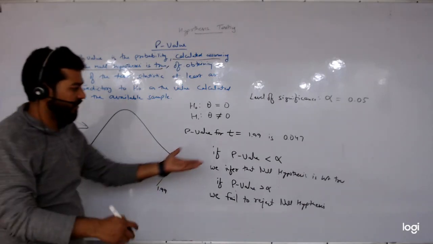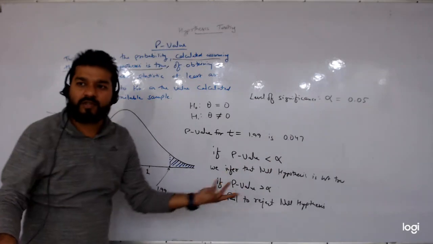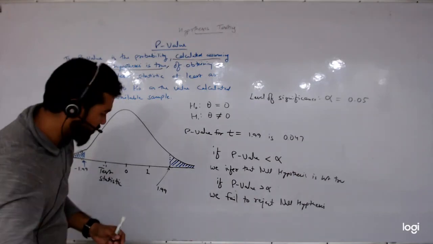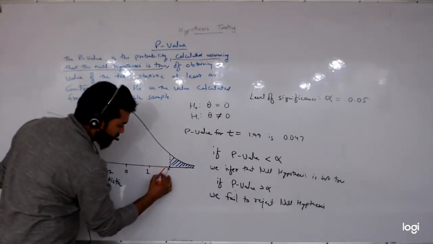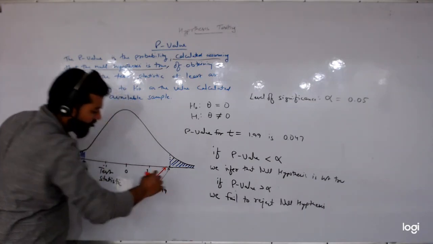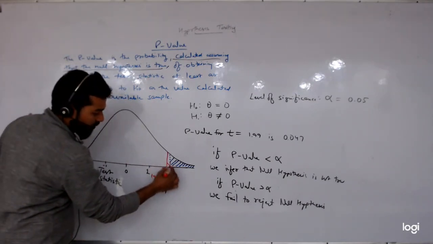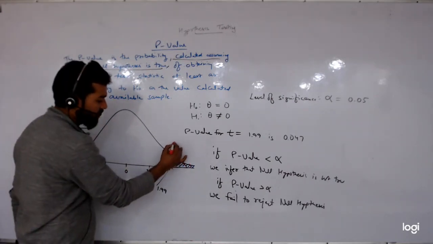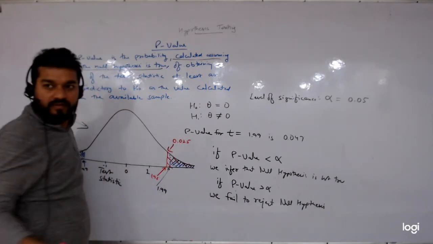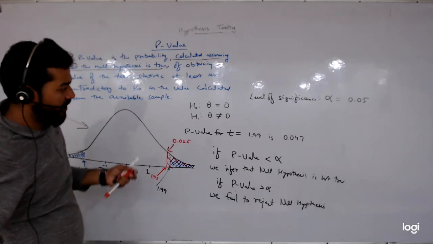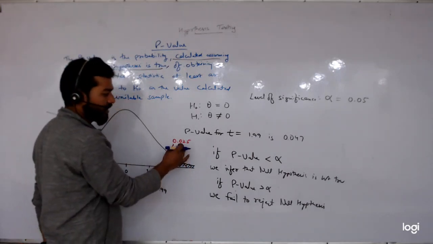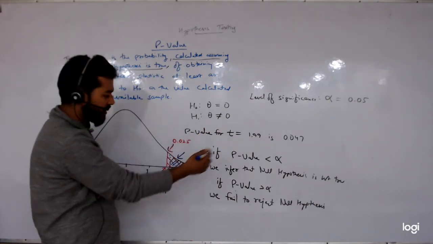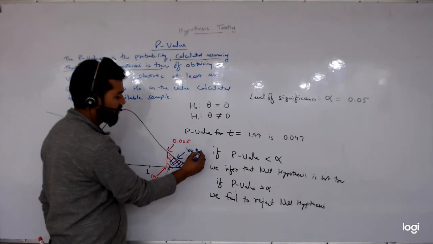Okay, now if the p-value is less than alpha, what do we have? We have the critical value to the left. Our critical value was 1.96. The red area should be 0.025. The blue one is, red is half of 0.05, blue would be half of 0.047, then this is definitely going to be less than red.